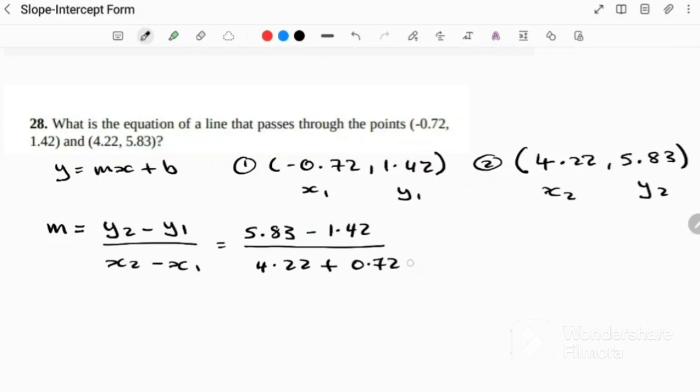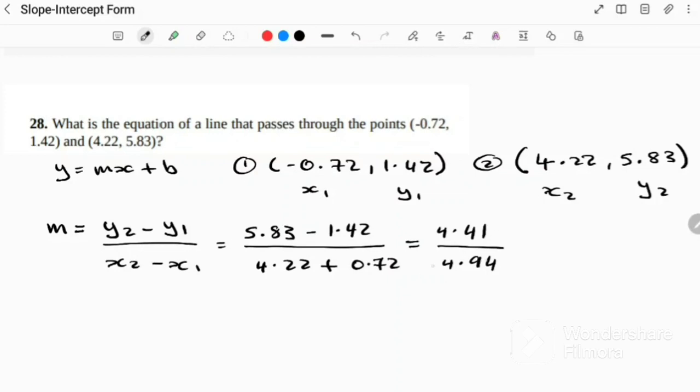Now, let's go ahead and solve this. So 5.83 minus 1.42 is 4.41 over 4.22 plus 0.72, which is 4.94. Now, you can leave this in this form. This is correct.